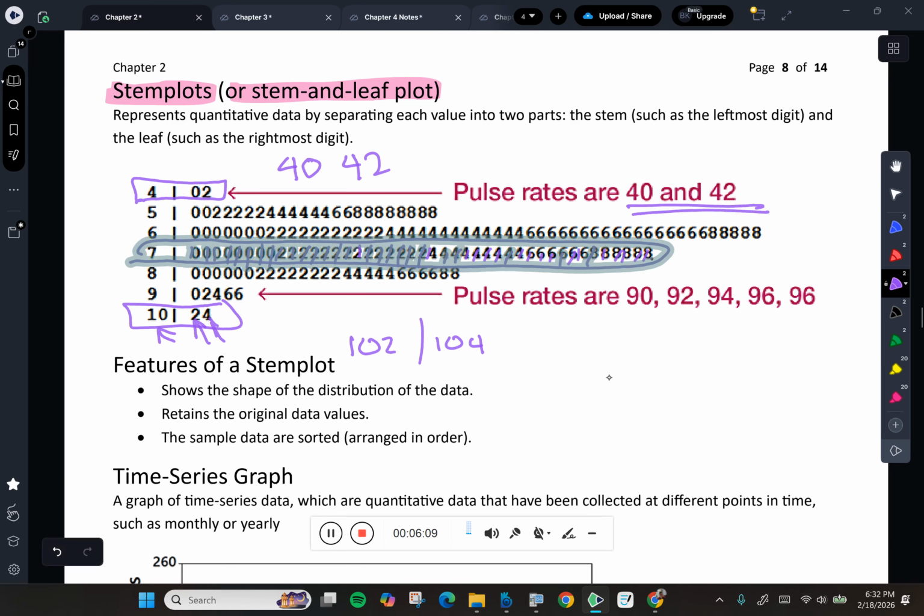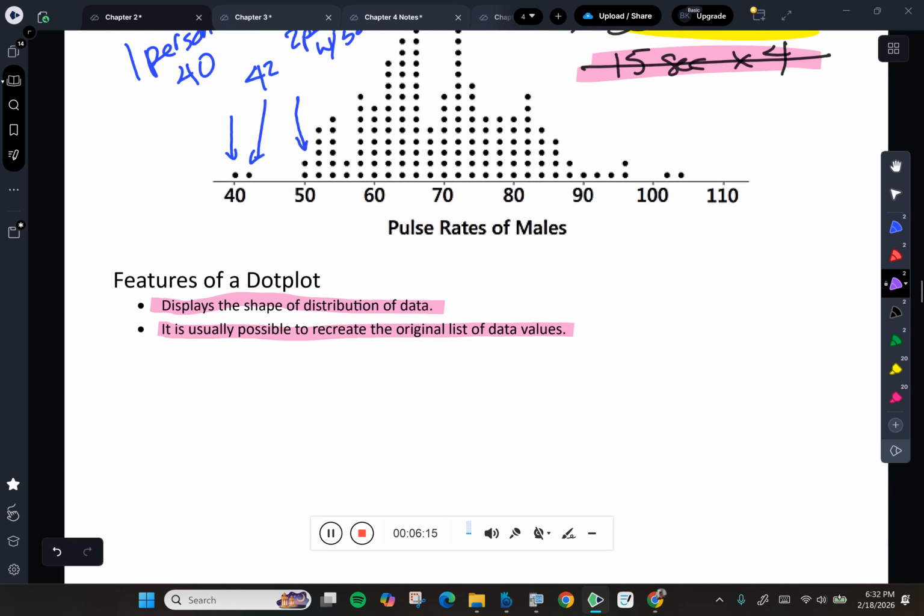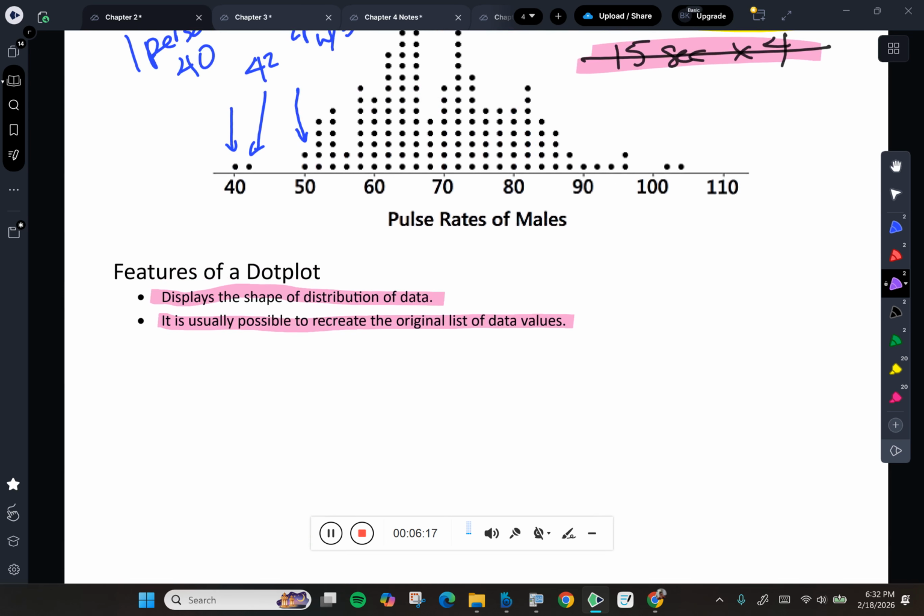So the idea behind a stem and leaf plot is pretty much the same idea as a dot plot up here. It's just that the dot plot spreads it out a little more, and no one column in the dot plot is anything other than a single data value and its corresponding frequency.